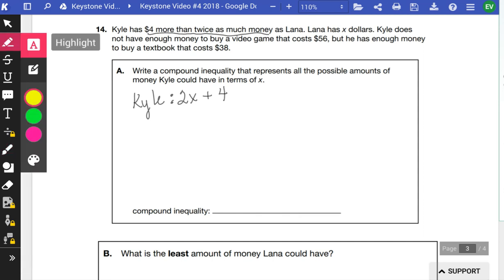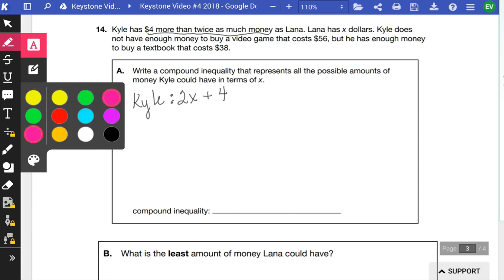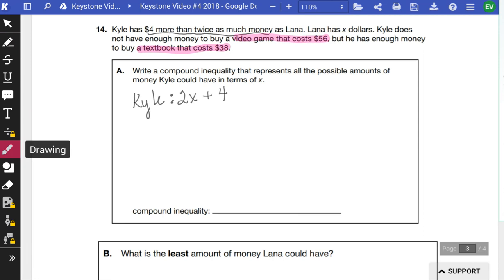We also have some other information, and that other information has to do with a video game that costs $56 and a textbook that costs $38. So those are our upper and lower bounds. In other words, the least amount of money he has is $38. The most amount of money he's got is $56.